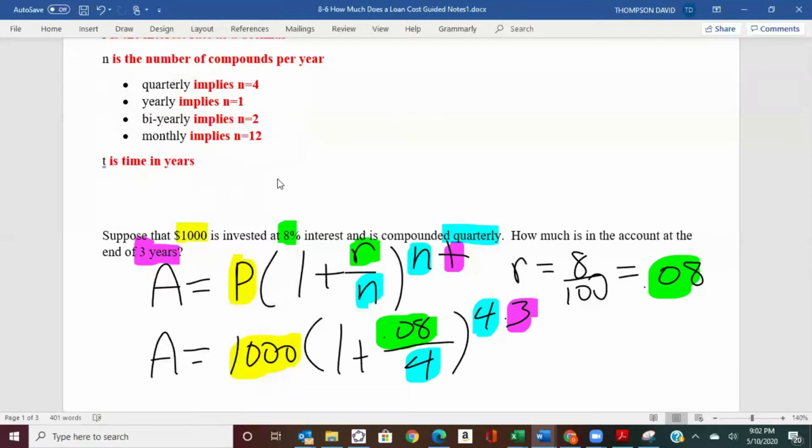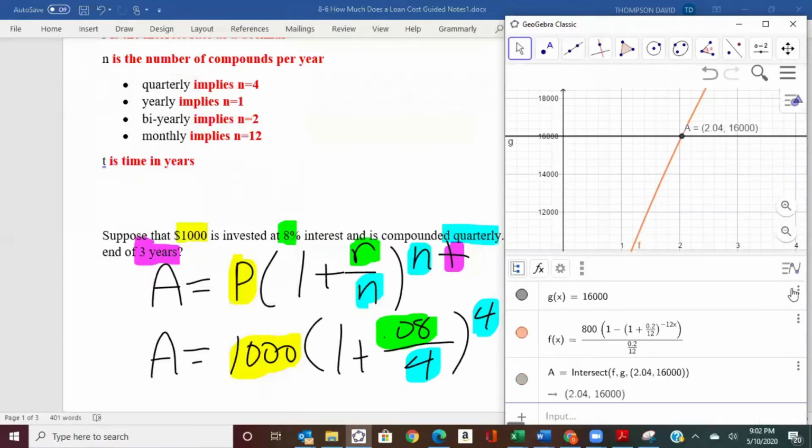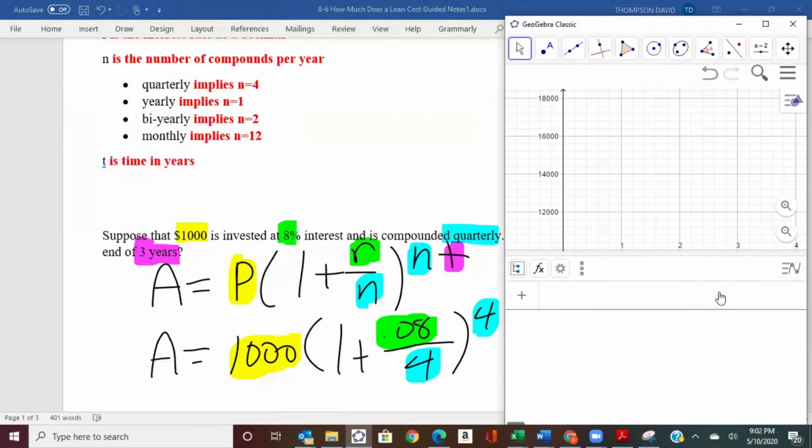From here, I just use a calculator. I'm going to use GeoGebra. So let me clear what I had from a previous problem. Delete, and I'll just type everything in.